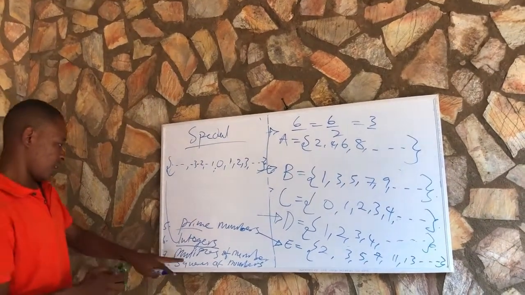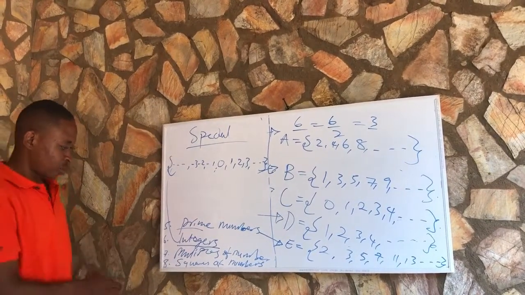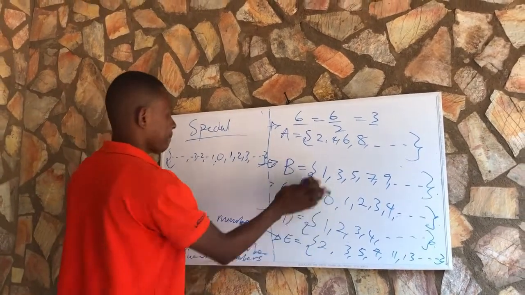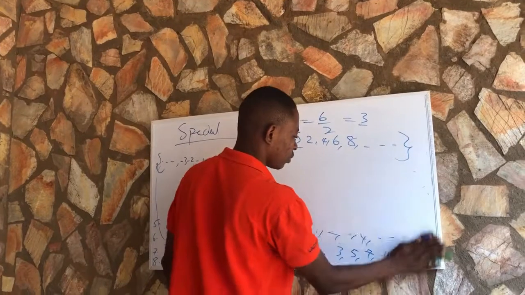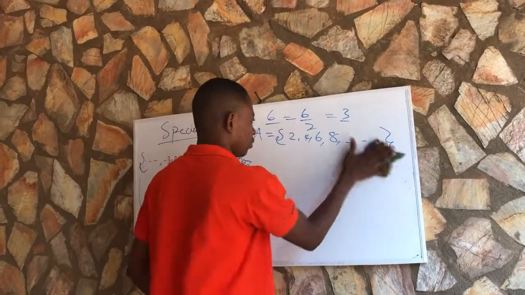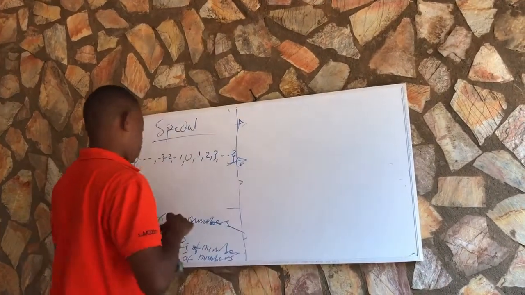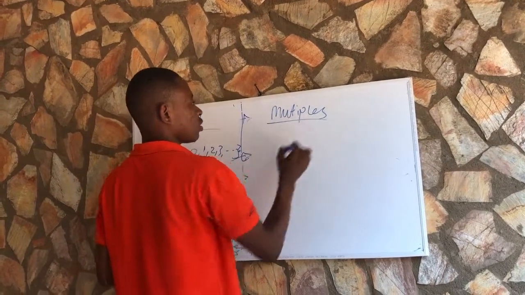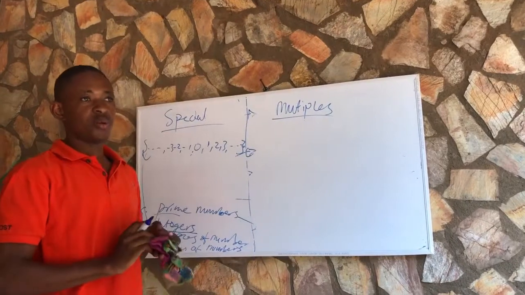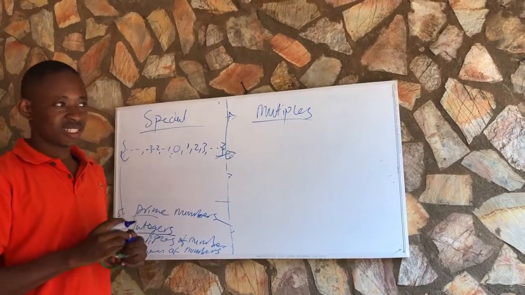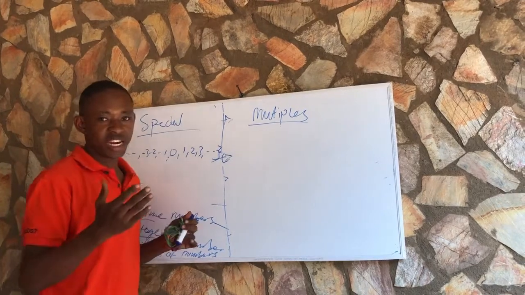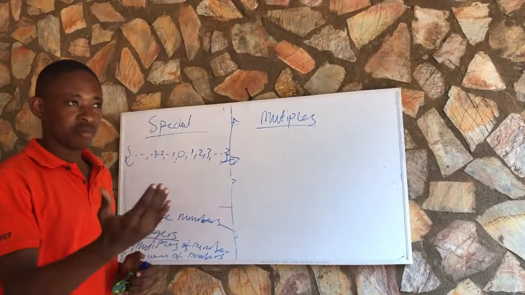So now we have 2 more items to cover: multiples of numbers and then square of numbers. When we are talking about a set of a multiple of a number, it means we are multiplying the number by natural numbers.